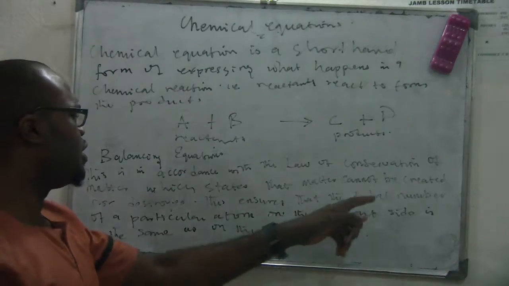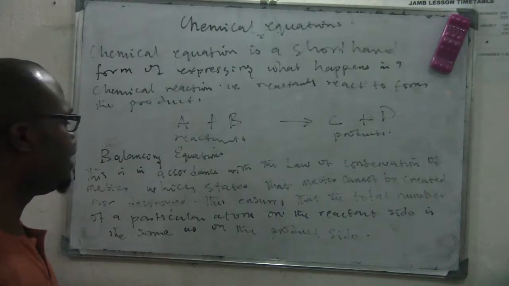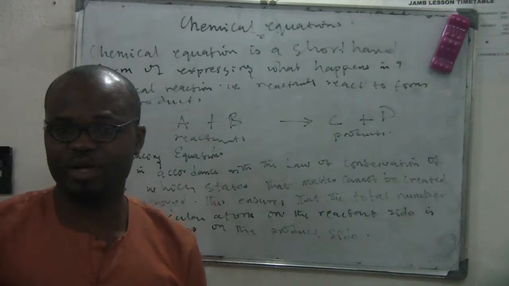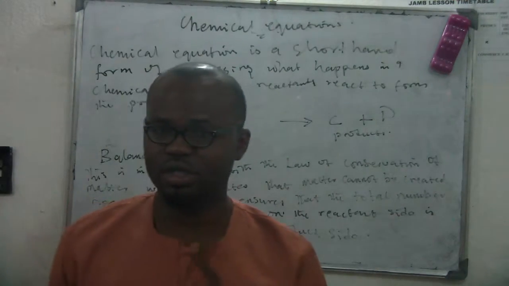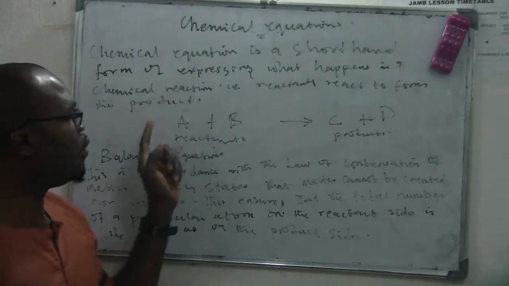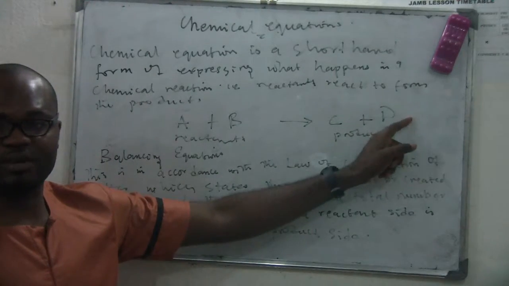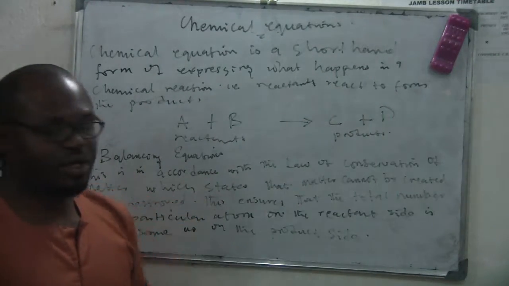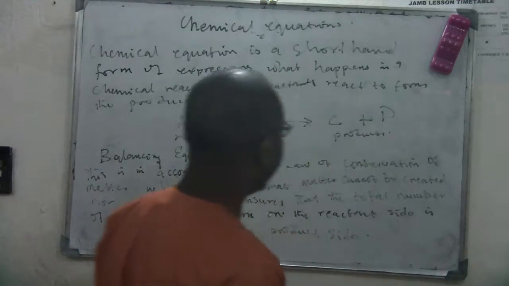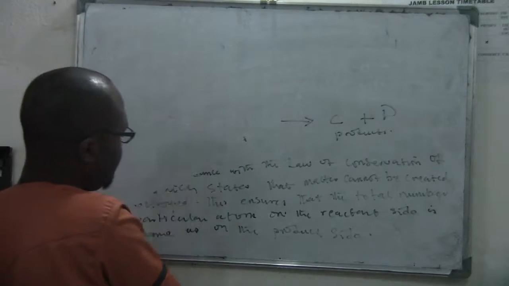This ensures that the total number of a particular atom on the reactant side is always the same as the number of that particular atom on the product side. If you have only one carbon here, you are also expected to have only one carbon on the other side. Is that clear? We are going to demonstrate this with the following examples.